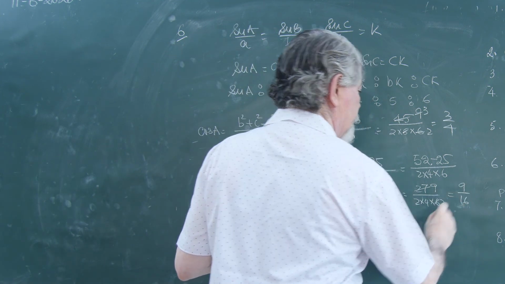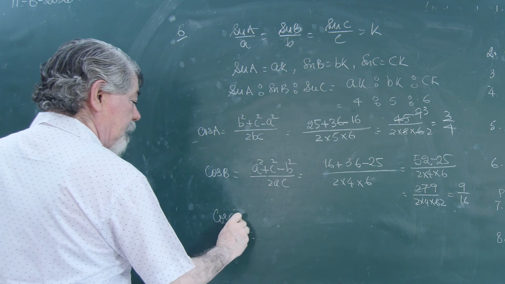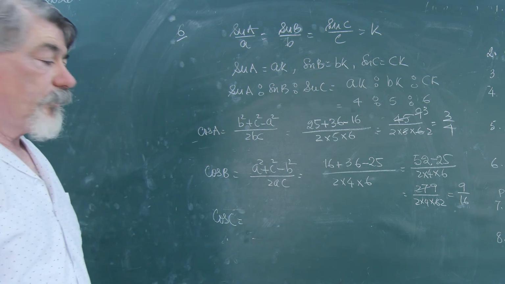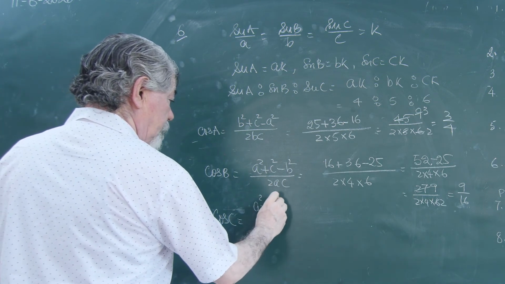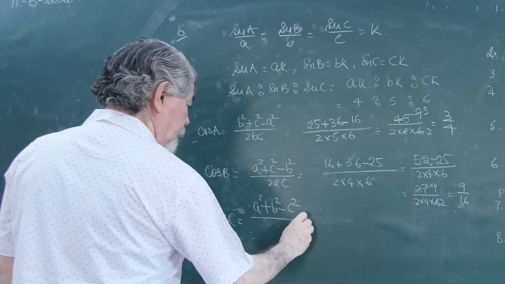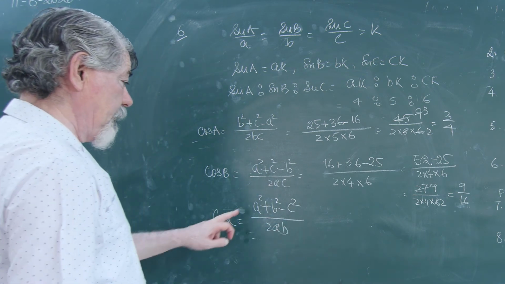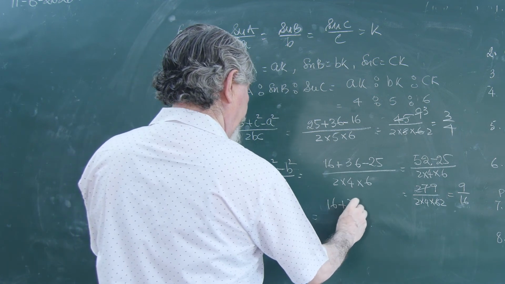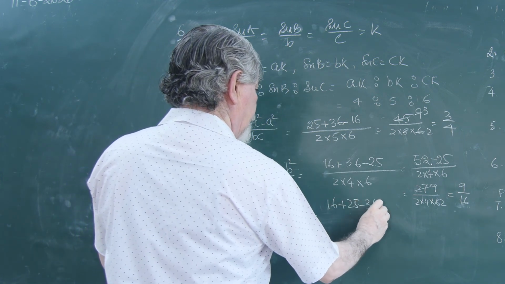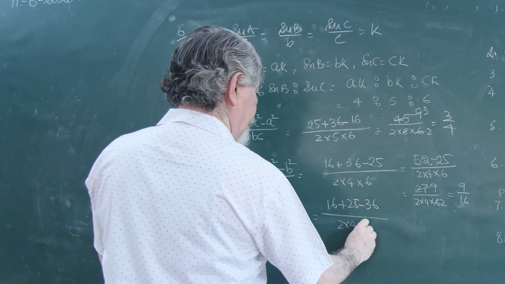Now similarly, let us calculate cos C, which will be A square plus B square minus C square upon 2AB. A is 4, square is 16, plus 25 minus 36 upon 2 into 4 into 5.